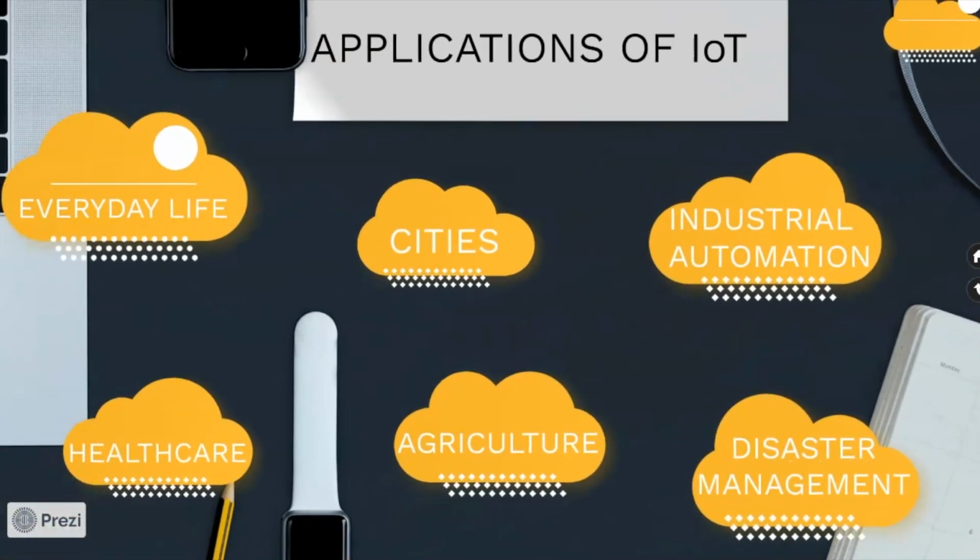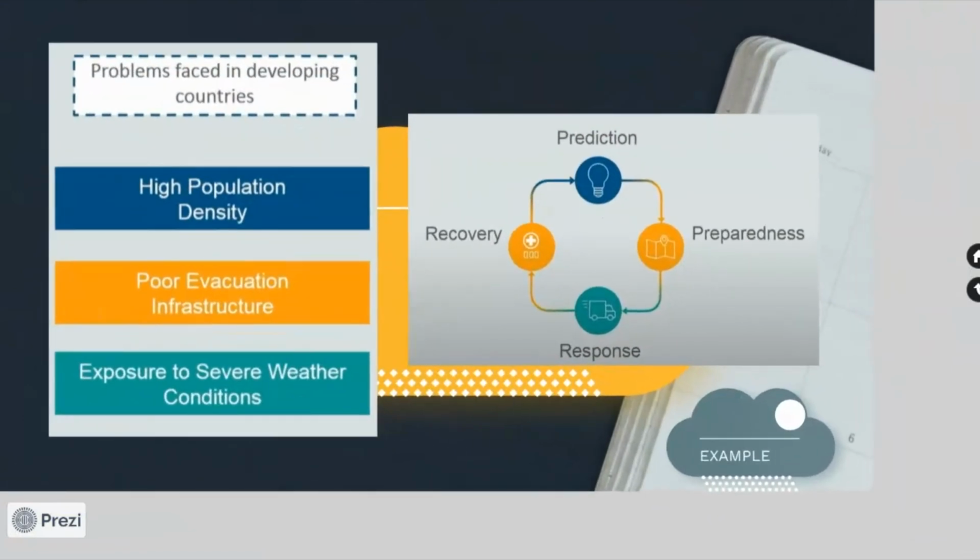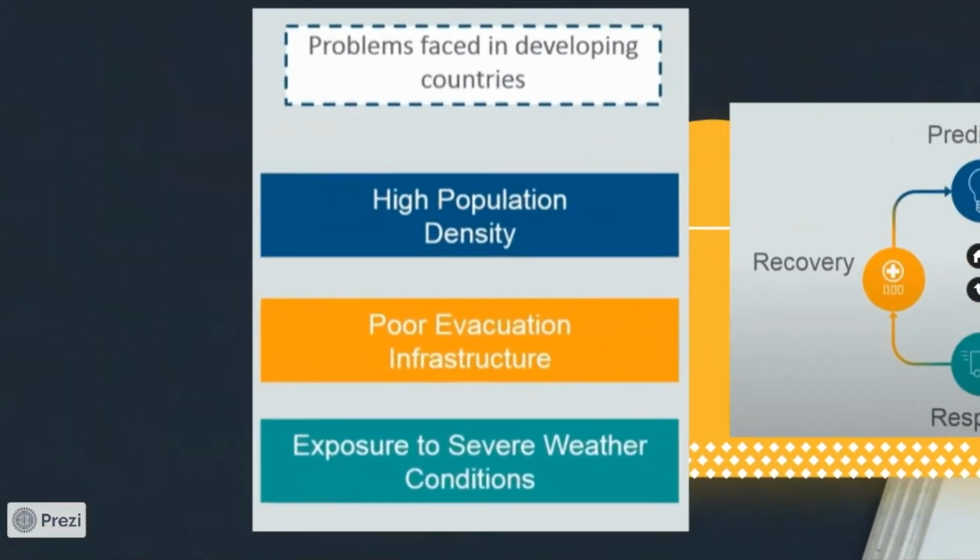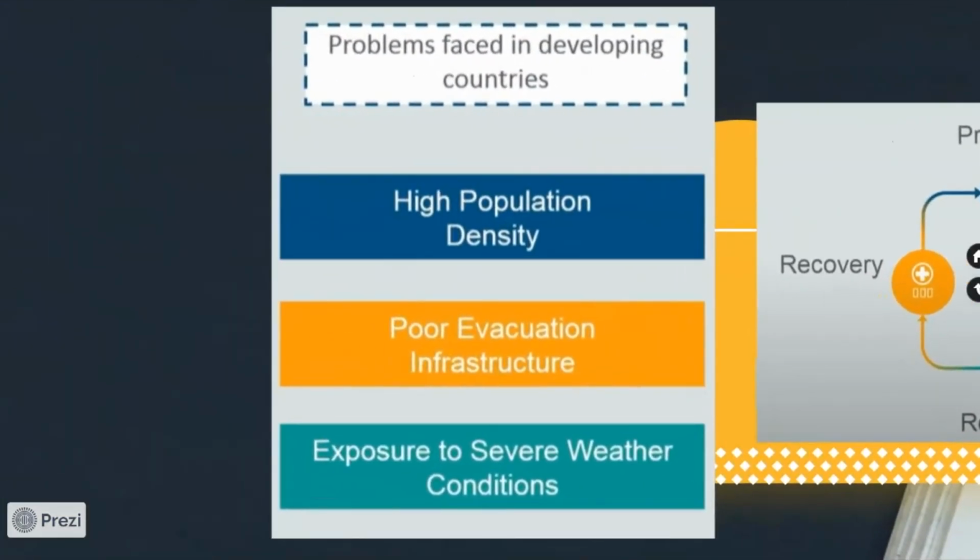Now let's look at disaster management. Now, IoT cannot stop these disasters from happening, but it surely can help in preparedness and resilience during work due to high population density, poor evacuation infrastructure, and exposure to severe weather events. Developing countries are more exposed to the risks of natural disasters and often have limited means to sustain the effects.